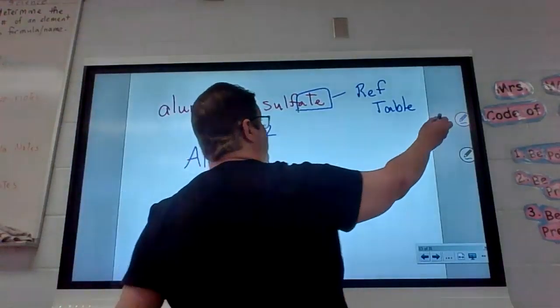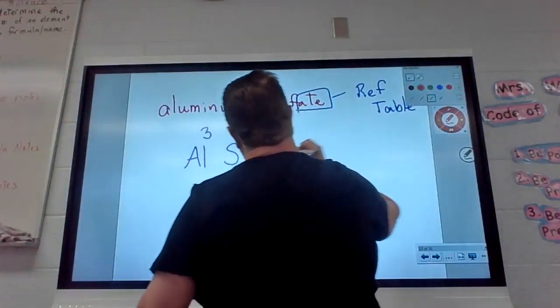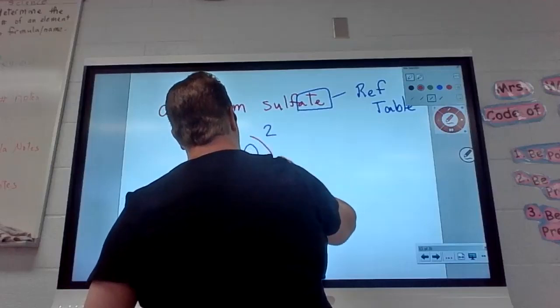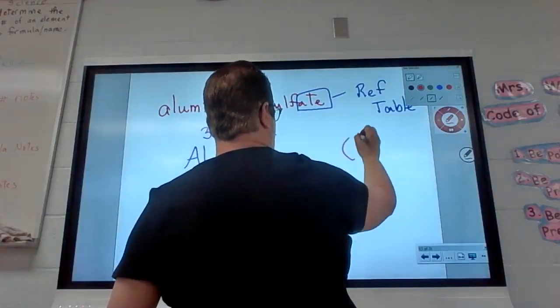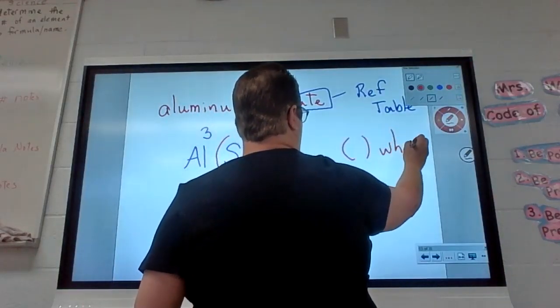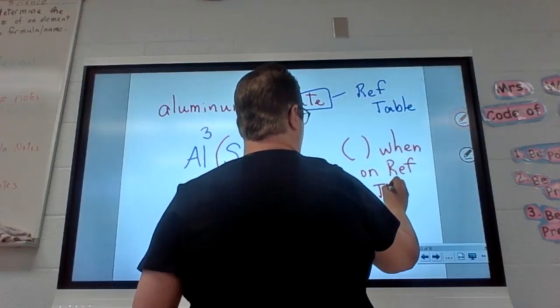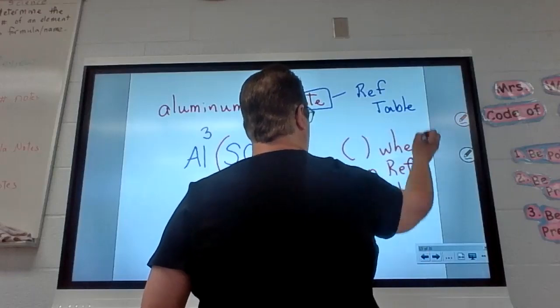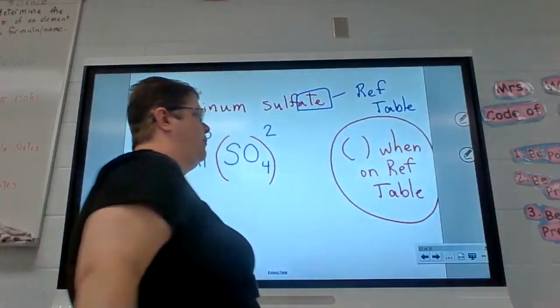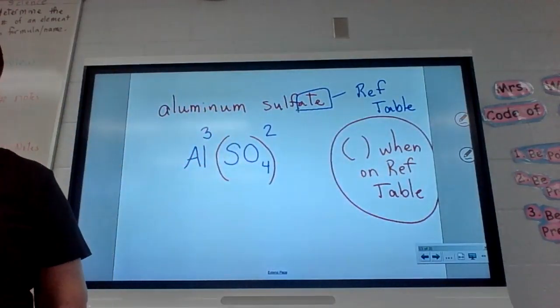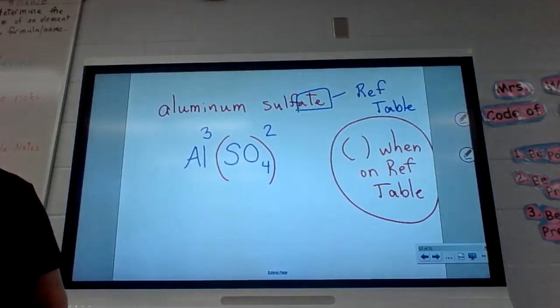All right, now, here's the new step. When you get something off the reference table, you have to put it in parentheses. Okay? All you got to do is put parentheses when you get it off the reference table. That's it. Everything else still works the same way.